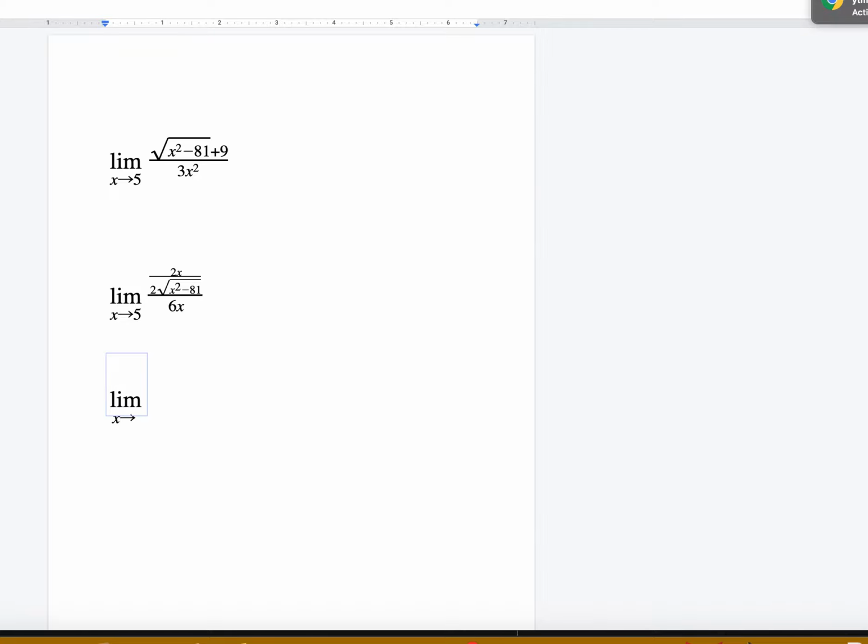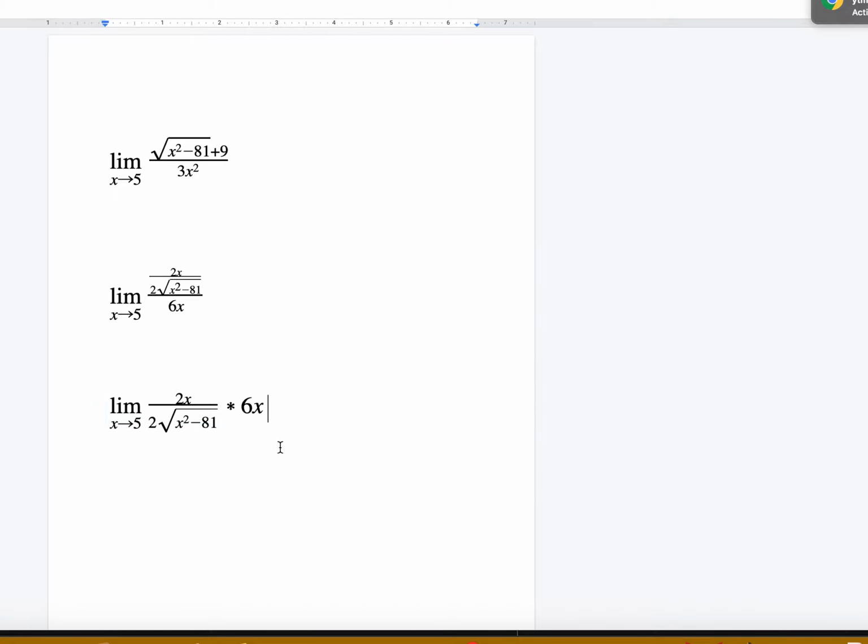So limit as x approaches 5 is equal to, well, since we have a fraction over a denominator, we can multiply by the reciprocal, which is 2x times 2x over 2 root x squared minus 81, and that all multiplied by 6x.